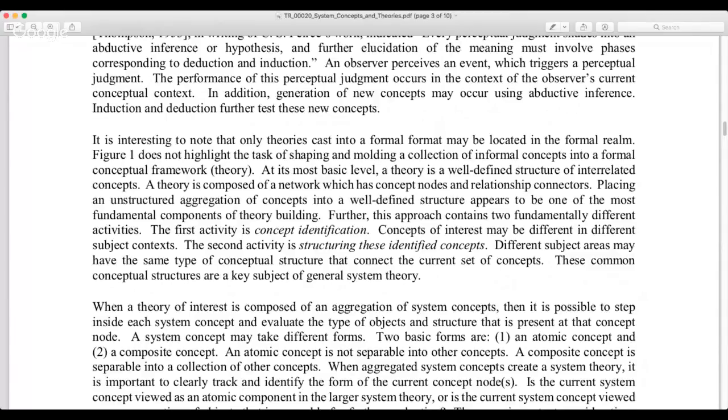But at the most basic level, a theory is just a well-defined structure of interrelated concepts. You need to first identify the concepts, and then the second activity is structuring these identified concepts. The first activity, concept identification for theories, means we're starting to categorize the theories a little bit by what kind of concepts they contain.